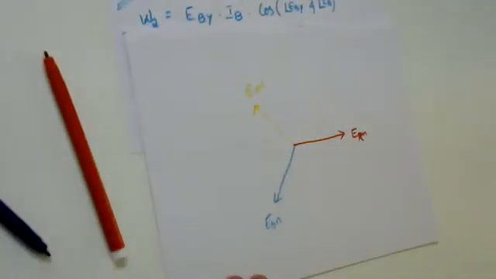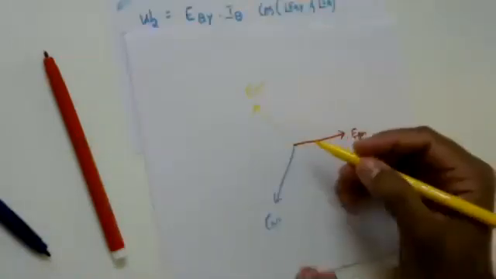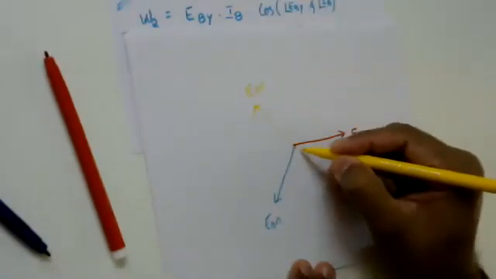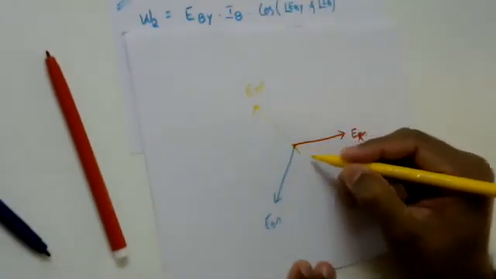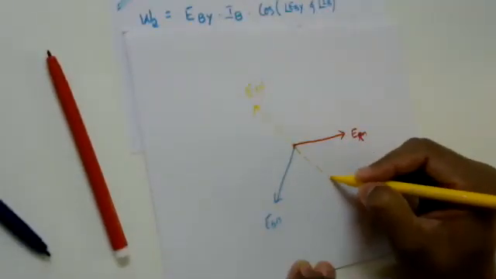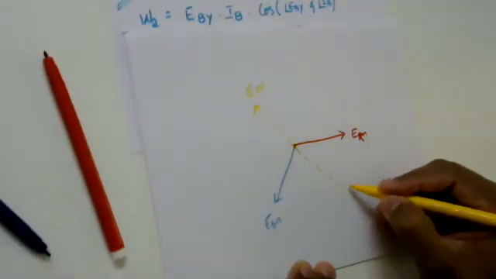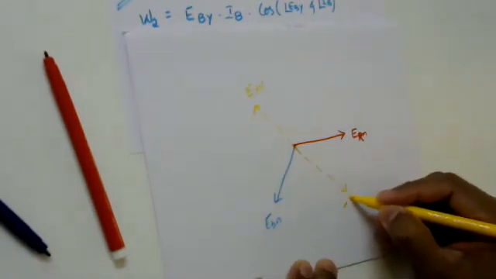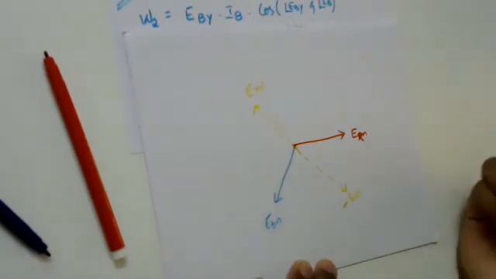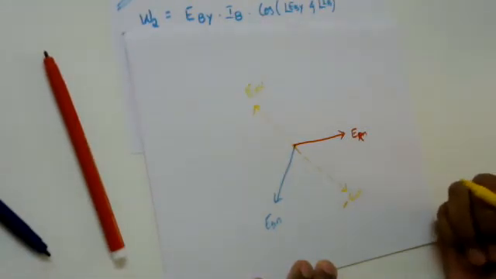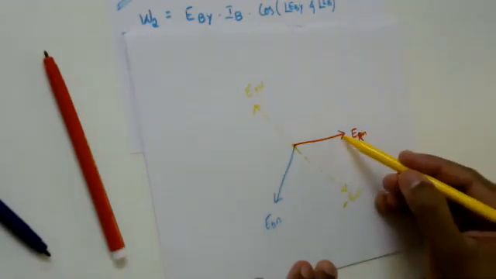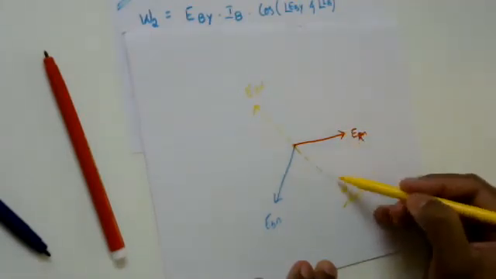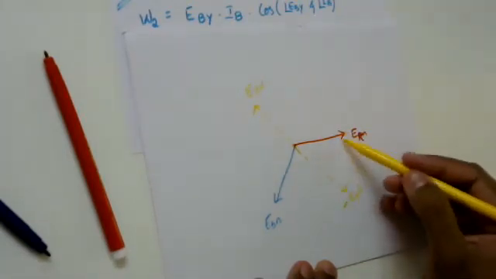So I can take this vector over here. This becomes my vector minus EYN. Then I want the vector sum of these two vectors.